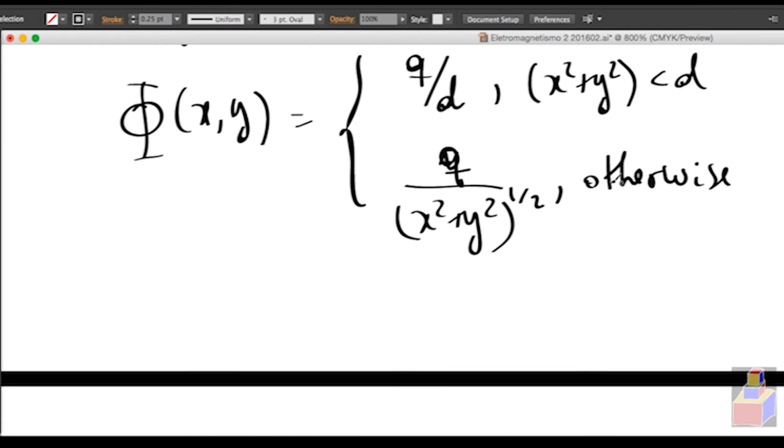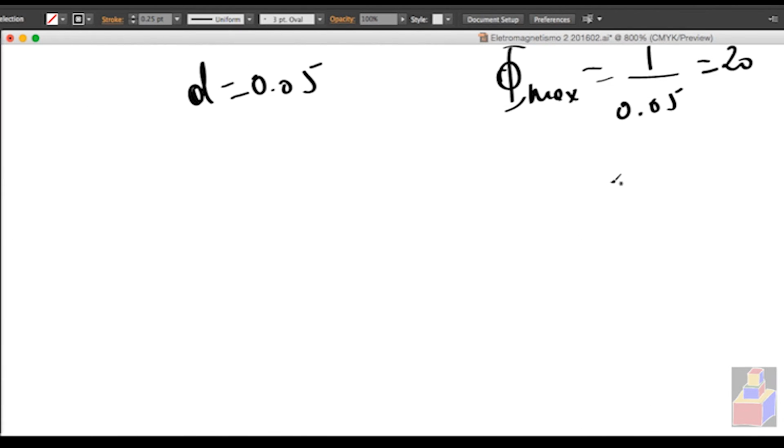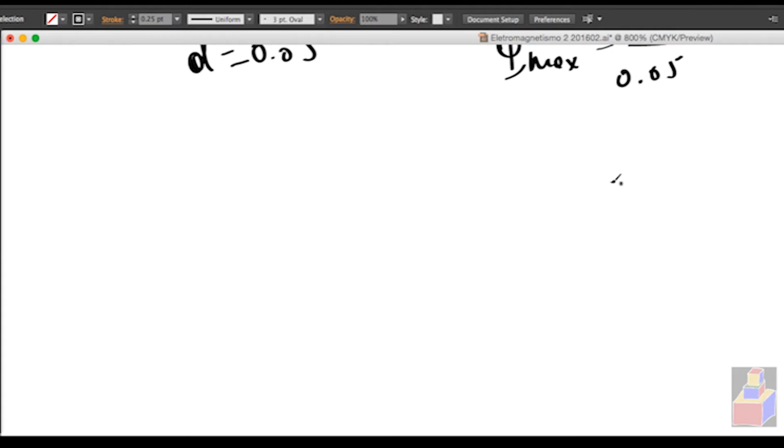Okay? Well, it starts to become a little more complicated if you have more than one charge. If you have two charges, for instance, Q1 and Q2, then the potential grows a lot. Let's say Q1 equals Q2 equals 1.